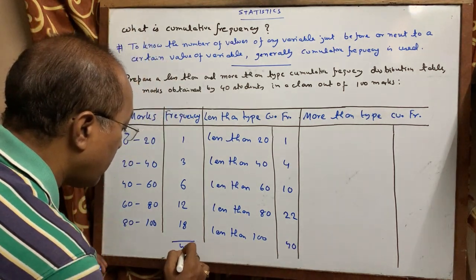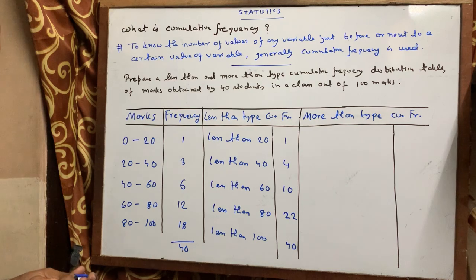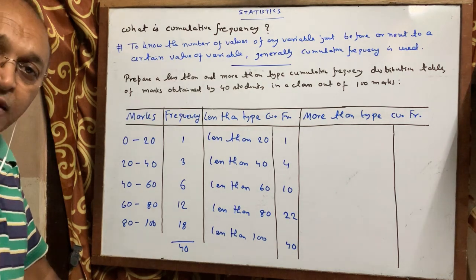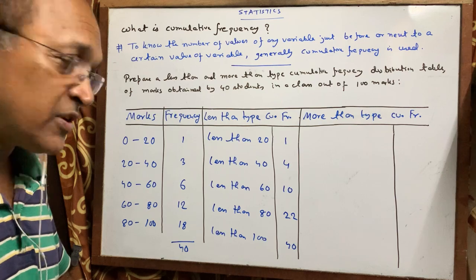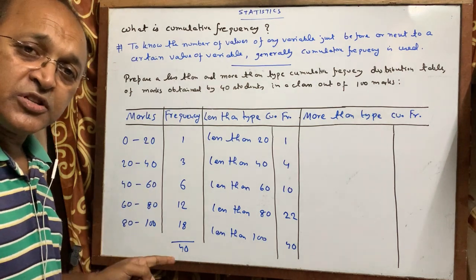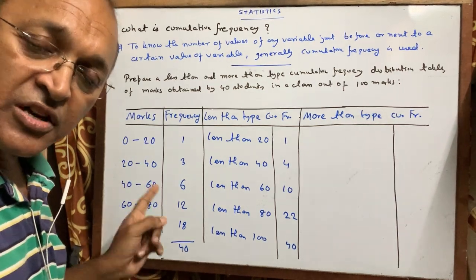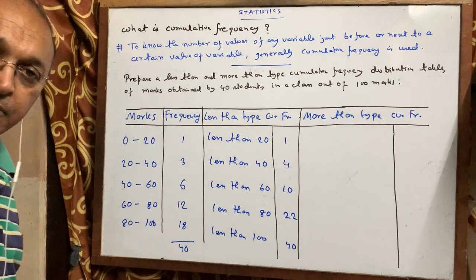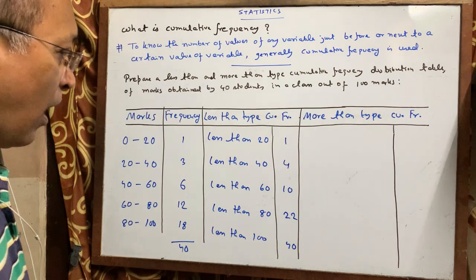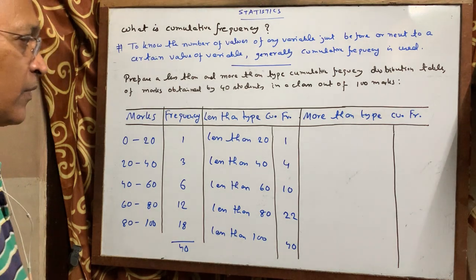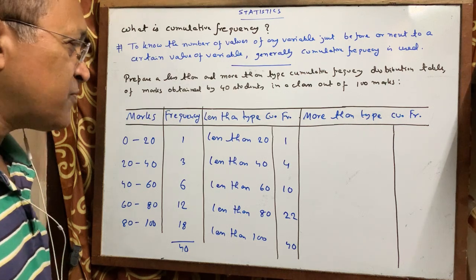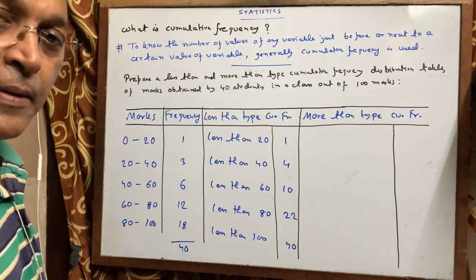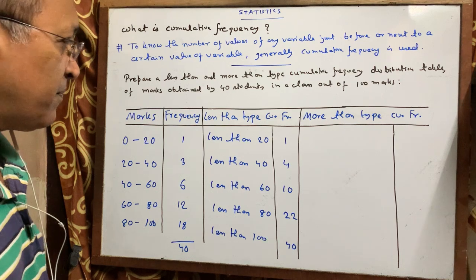Okay. Try to understand. First we have found out the less than type cumulative frequency from the frequency distribution table where class interval and frequency are given. Okay, now our aim is finding the more than type cumulative frequency.